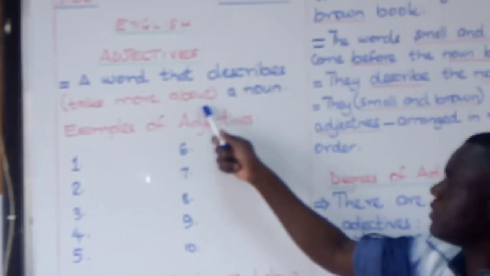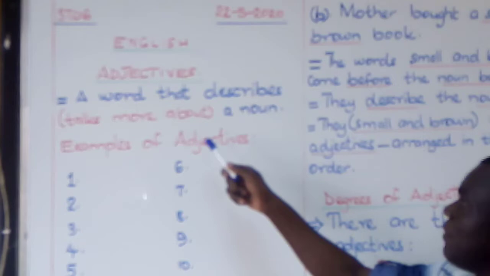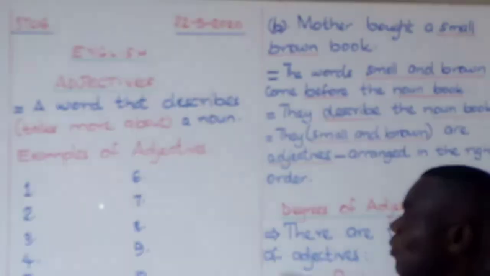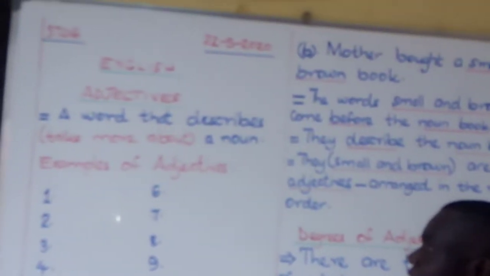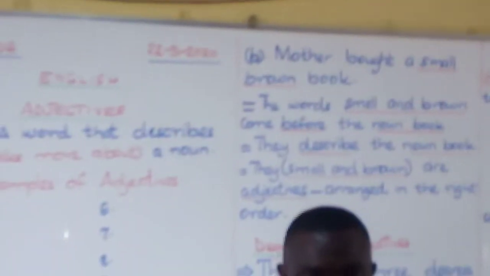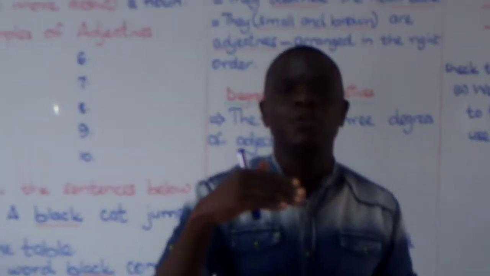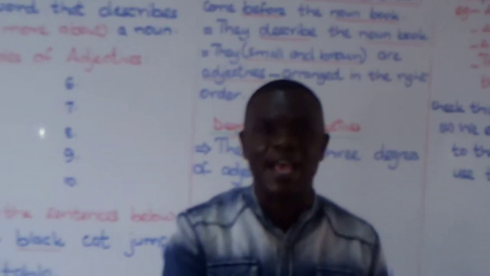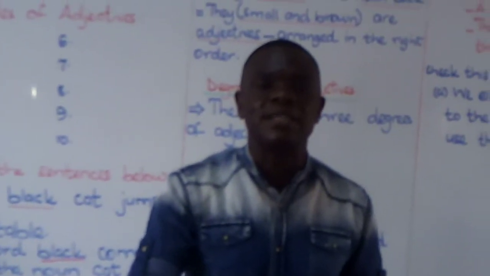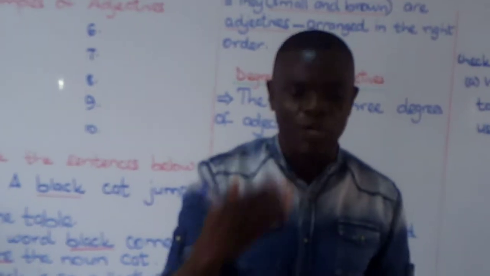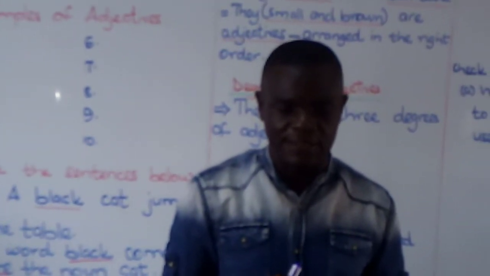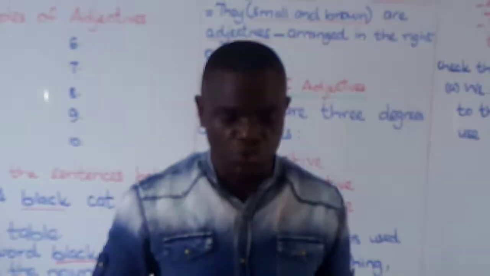And to describe is to talk more about something. So a word that talks more about a noun is called an adjective. In class number 4, you learned that an adjective is a word that comes before a noun. And just before you write a noun or you say a noun, you can add an adjective before it in a sentence. I hope you do understand.